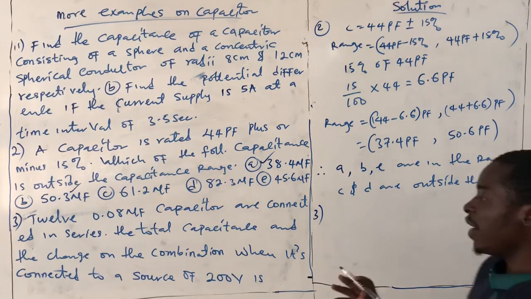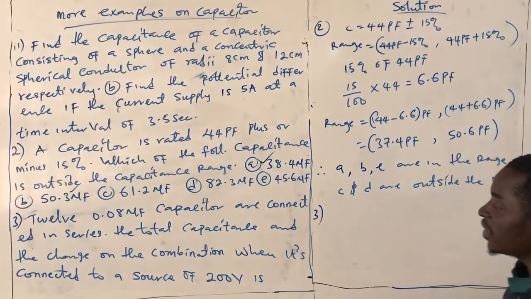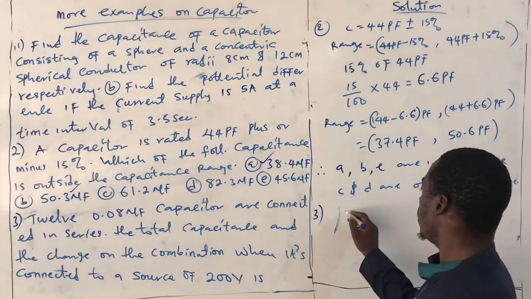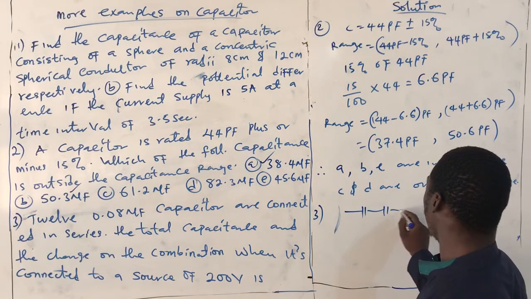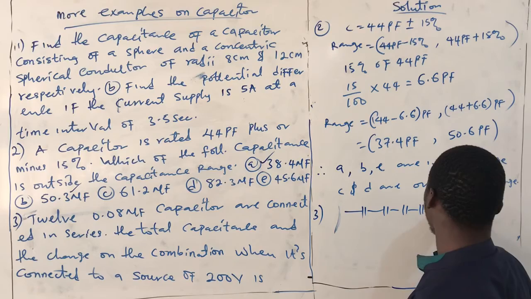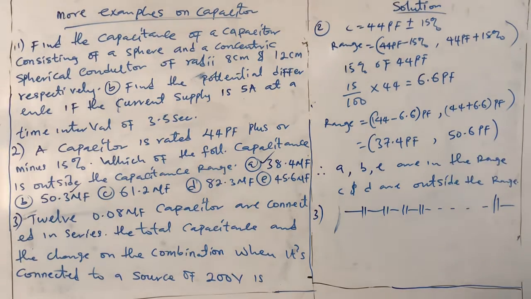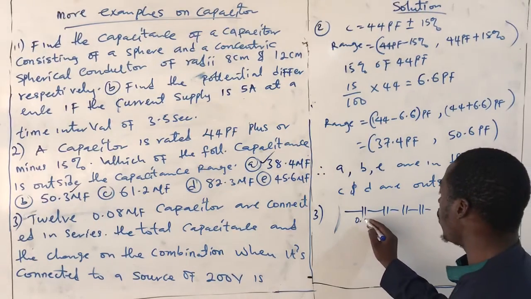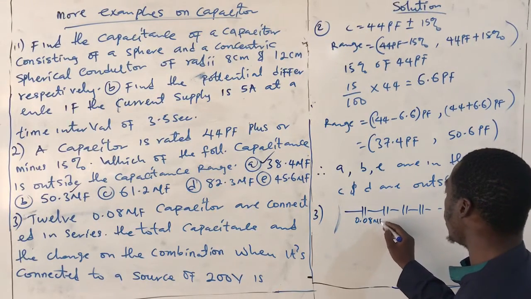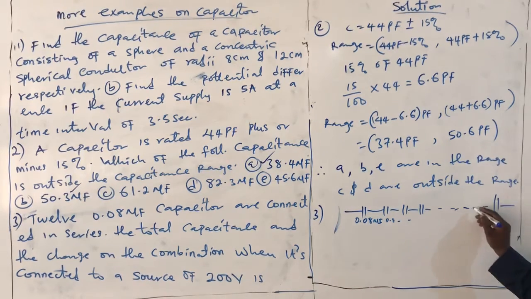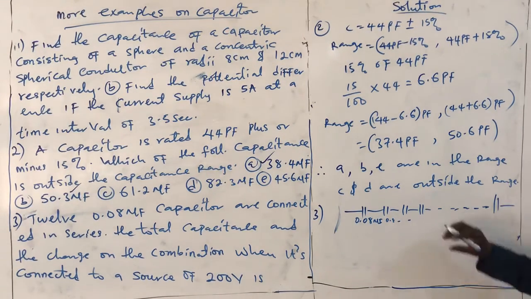It means that we have a series combination of 12 capacitors, like this, 1, 2, 3, 4, up to 12, and each of them is 0.08 microfarad.